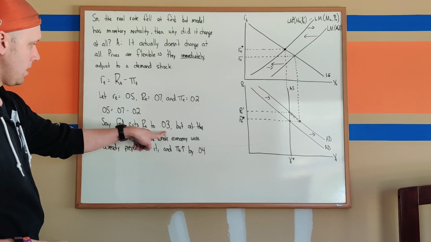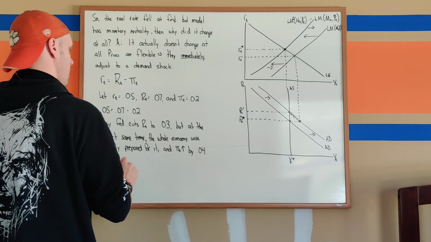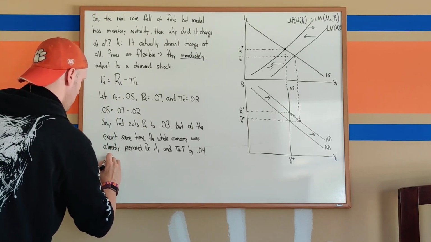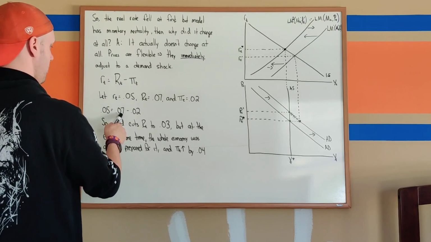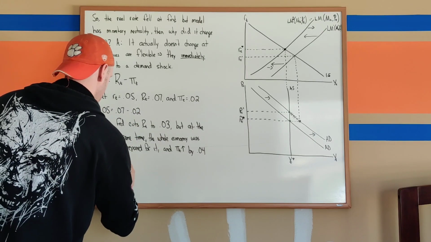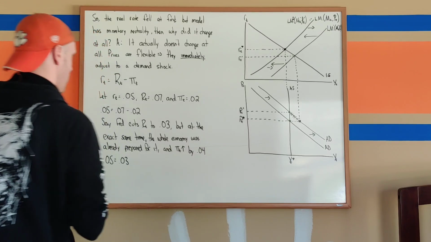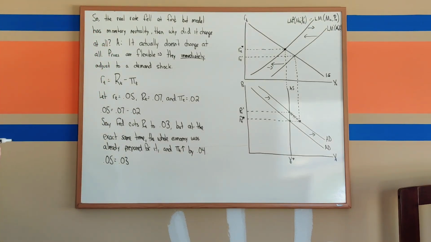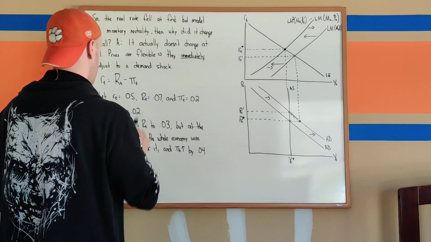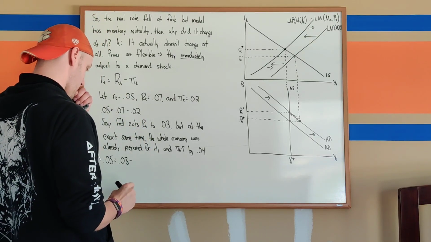Well, the nominal rate was cut by 0.04 down to 0.03. So if we want this real interest rate to remain unchanged, 0.05 equals, instead of 0.07, which is where it was, it's now at 0.03. All right, so if that happens, what do we need to have? Well, we need to have minus, because remember we're subtracting out the rate of inflation.